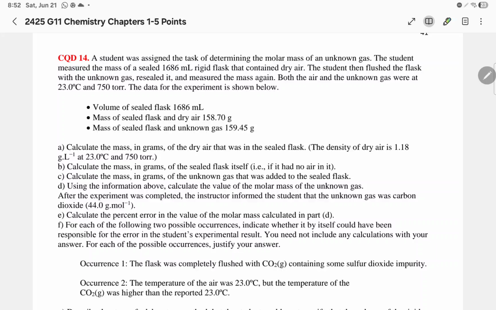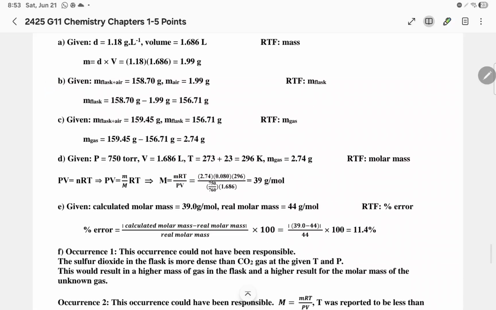After the experiment was completed, the instructor informed the student that the unknown gas was carbon dioxide. So we need to find the molar mass of said unknown gas. You need to find the mass of the unknown gas, and we have the volume, we have the pressure, we have the temperature. You use PV equals nRT.